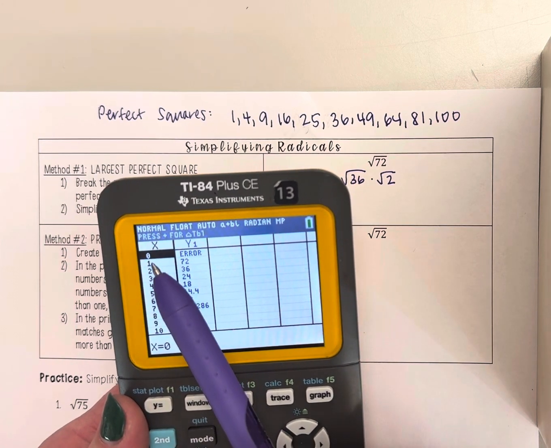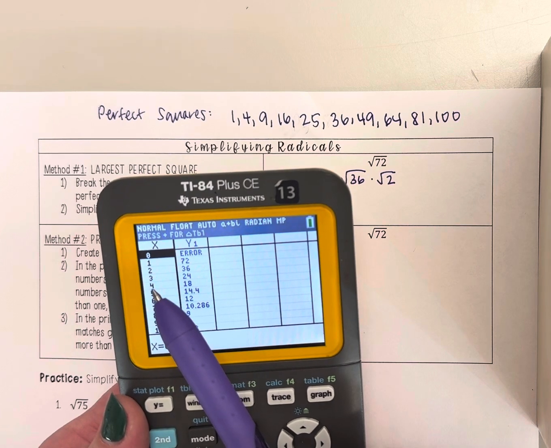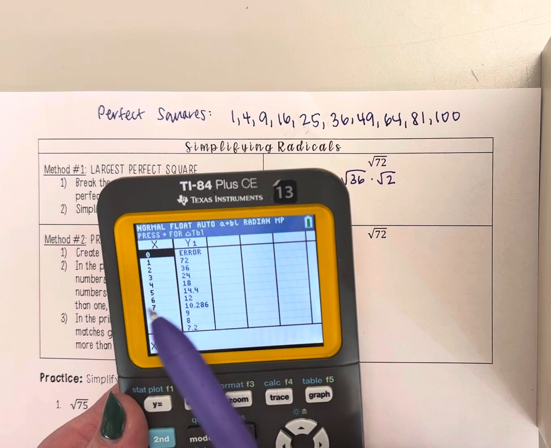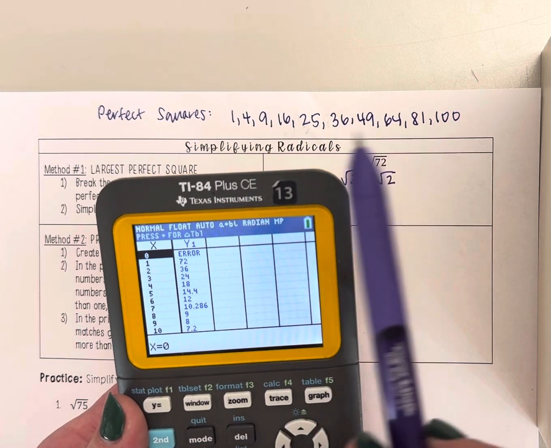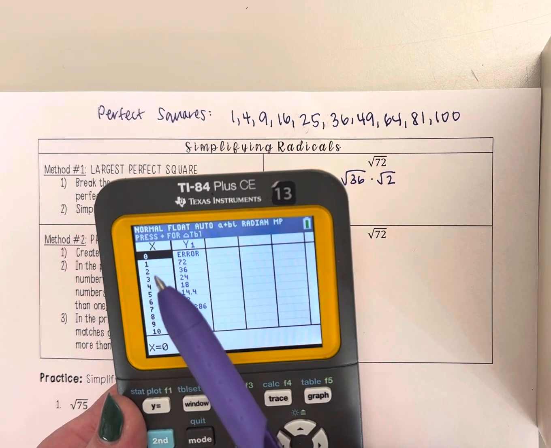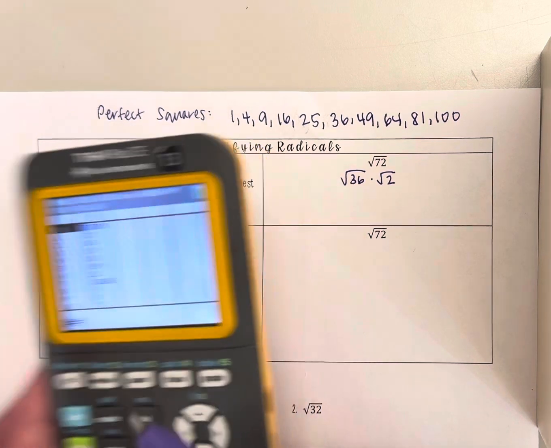So you might say, oh, 1 is a perfect square, but is that the biggest perfect square? 4 is a perfect square, but is that the biggest perfect square? You've got to look at the x and y values to see if you find the largest perfect square. As long as you have a list in front of you or in your brain of what the perfect squares are, you want to pull the largest one. So there it is, 36 and 2. You can look at the table and decide.